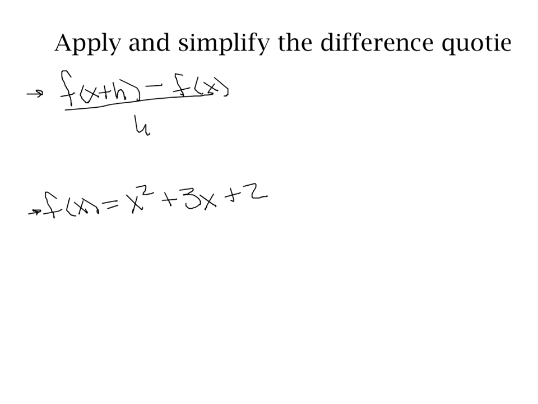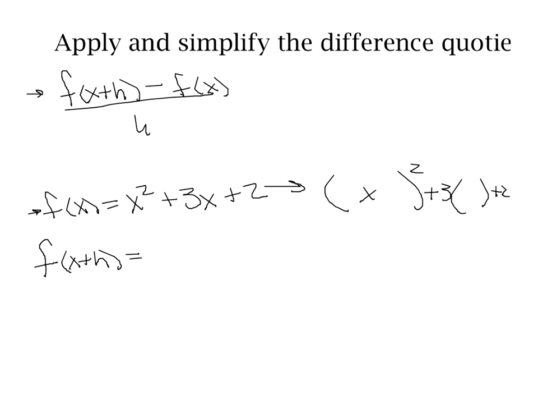Okay, so the first thing we need to do is find f of x plus h. So remember, f of x is really like this. x is sitting inside this container, and the parentheses are the container. So here we have a container with x and the container squared.